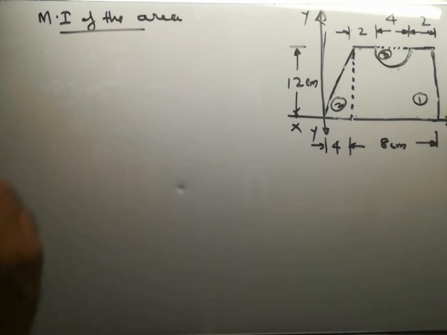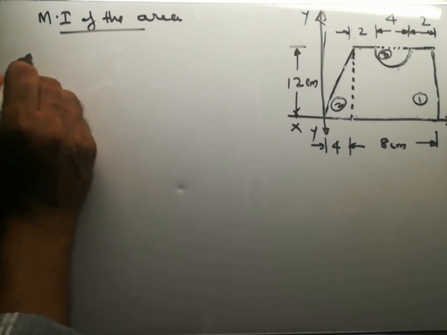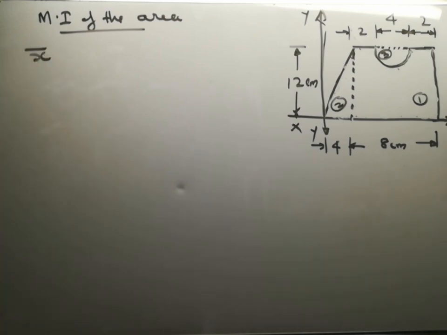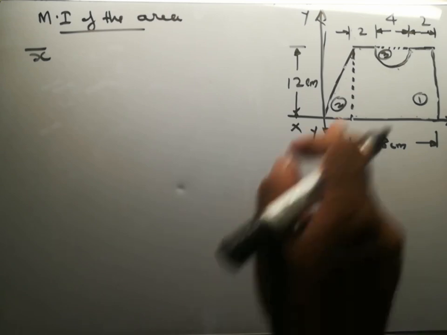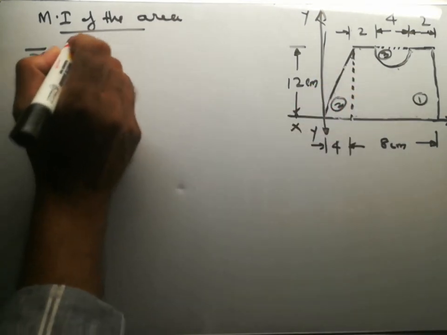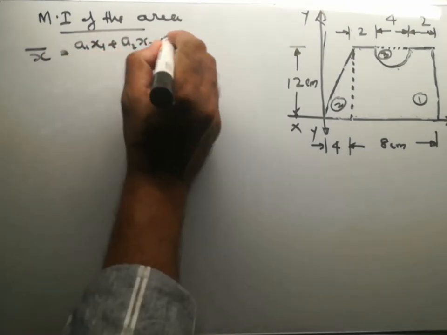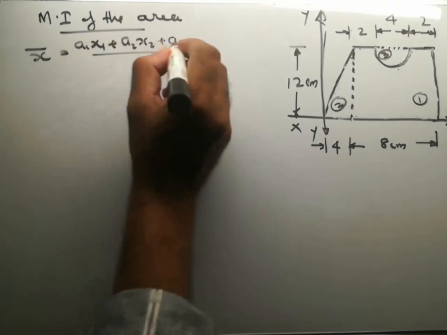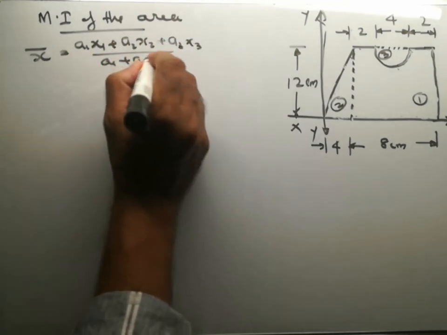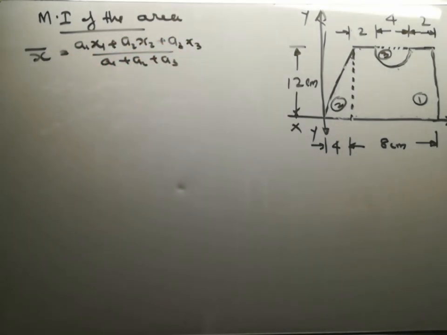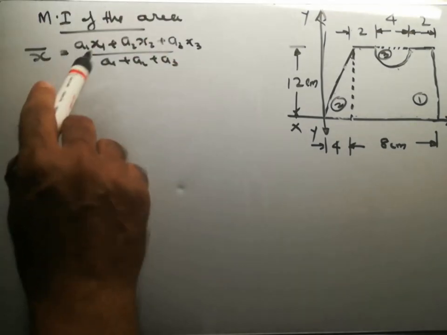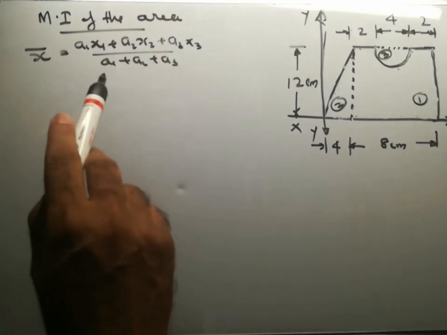To find out x bar, that is the centroidal x coordinate of that shaded area, the equation used is a1 x1 plus a2 x2 plus a3 x3 divided by a1 plus a2 plus a3. And similarly y bar is equal to a1 y1 plus a2 y2 plus a3 y3 divided by a1 plus a2 plus a3.